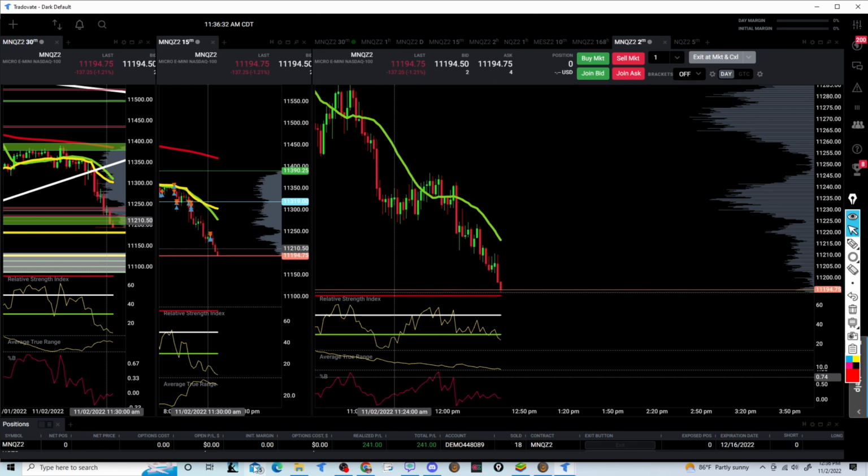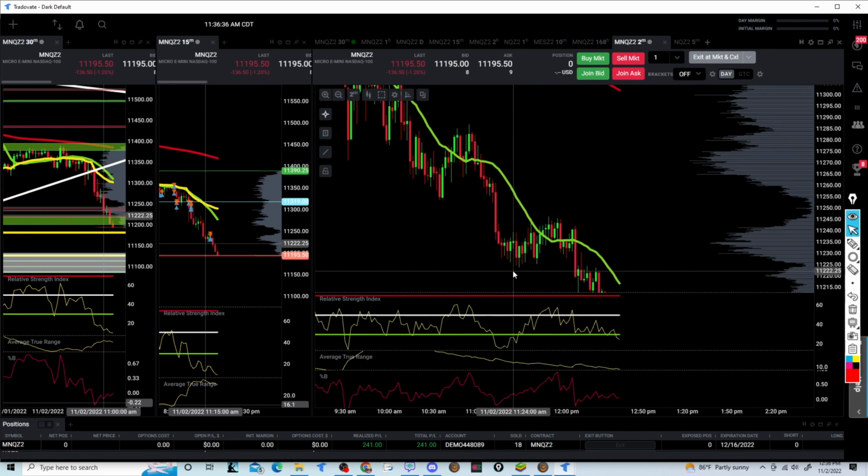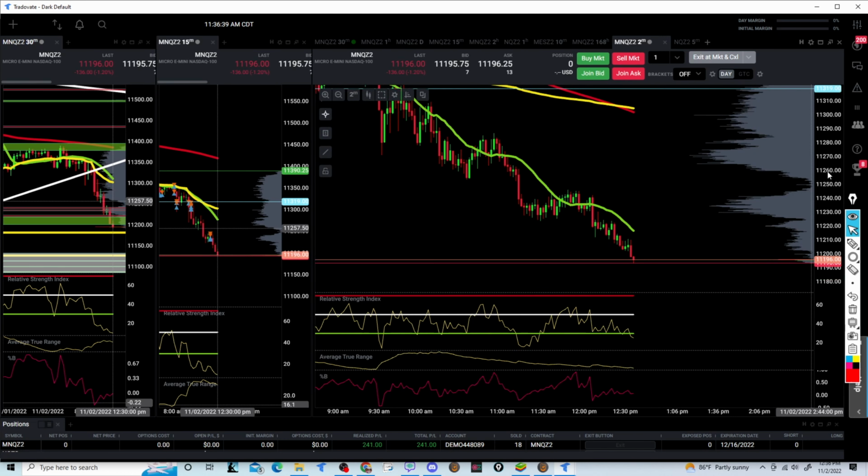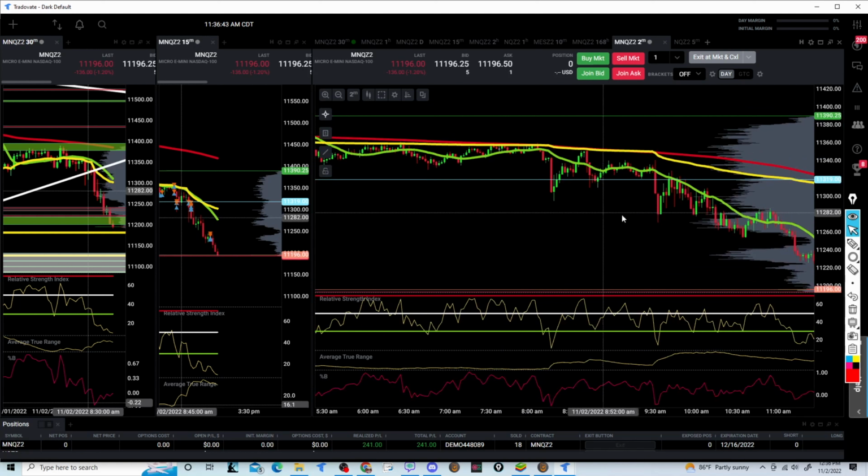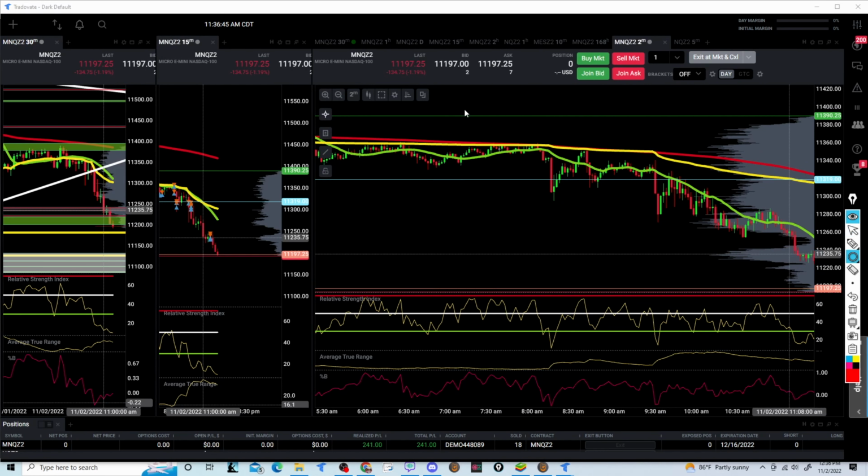Alright, so now you're learning a little bit more about the 20-period moving average and the 200-period moving average. What you should know by now is that when they are in a narrow state, you're looking to just trade the range. Narrow state means that the market is trading in a range.